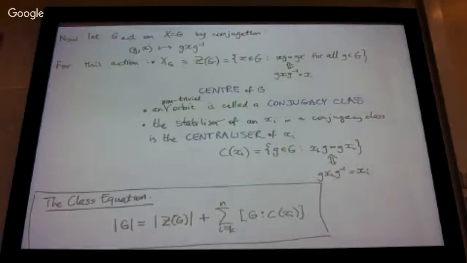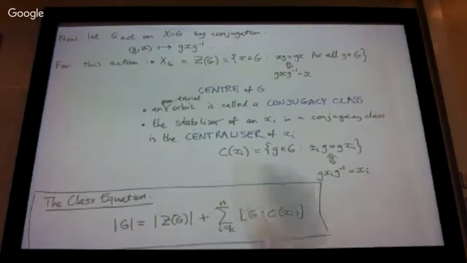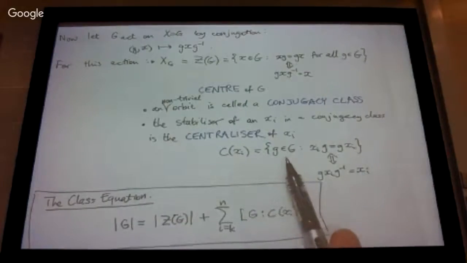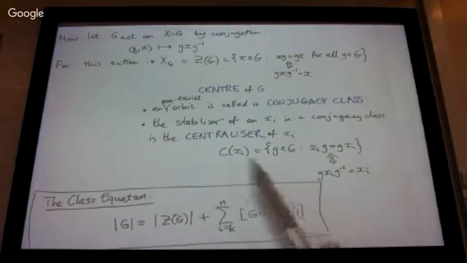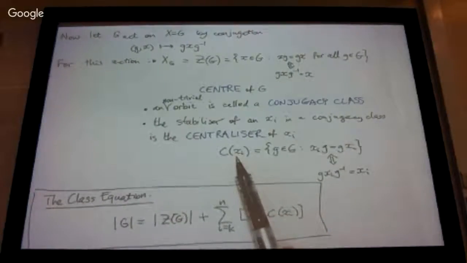And the stabilizer. So what's the stabilizer? That's all the elements of the group which, for a particular point in set X, don't move it anywhere. Well, that's all we were doing.